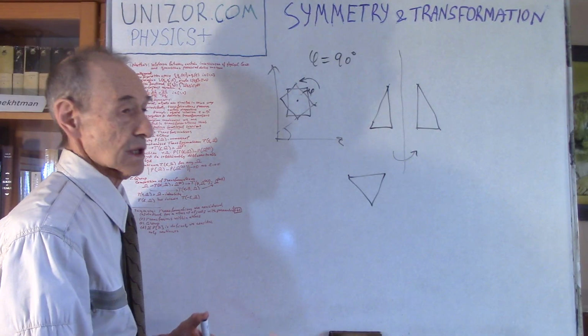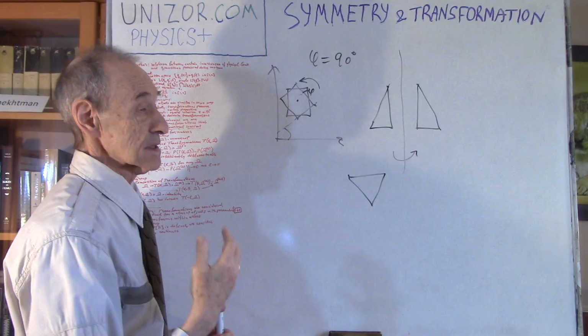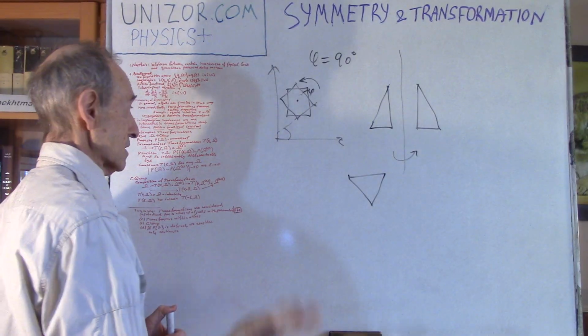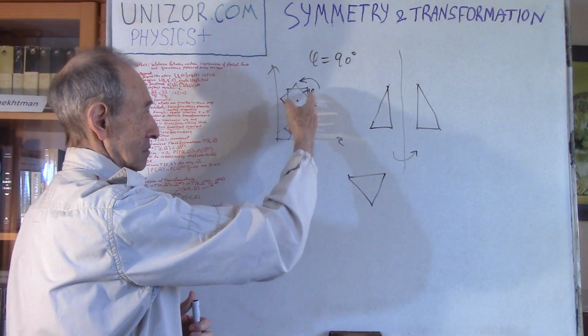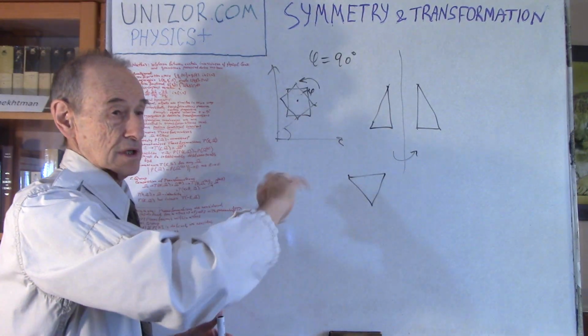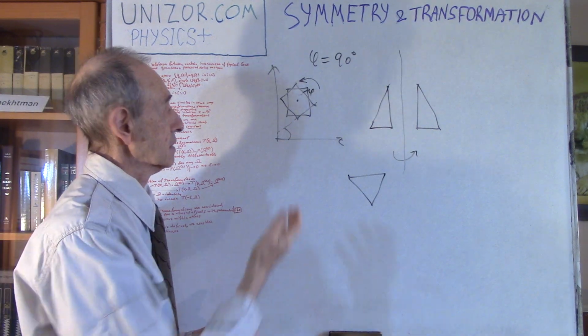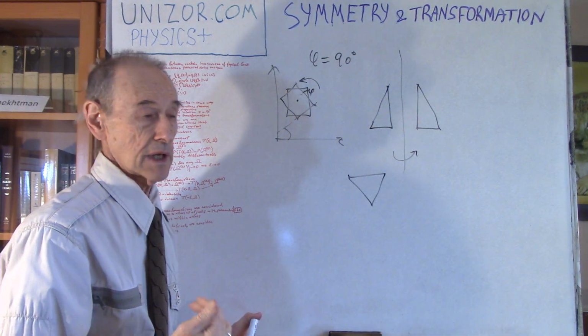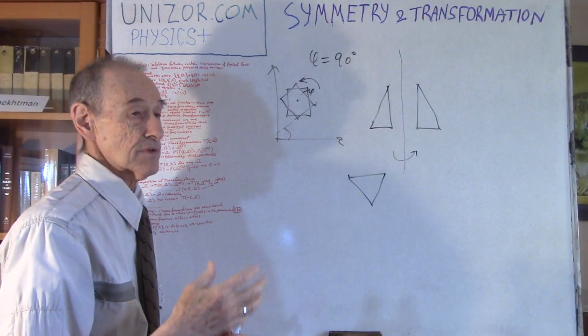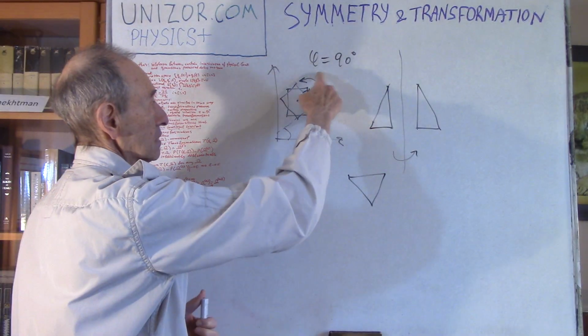So certain transformations can be defined as continuous, like if I'm just turning by any angle phi. That would be a continuous transformation for any angle, which means angle phi can be any value. But certain transformations, which again retain certain qualities, should be discrete.